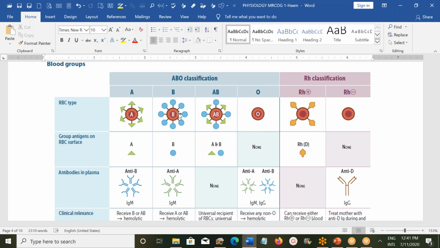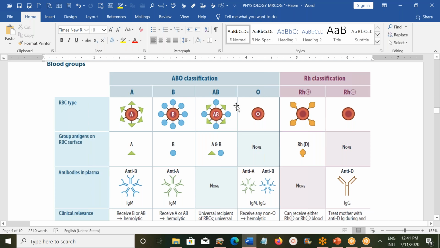Group A individuals can be AA, two A's, or AO, which means that person will have blood group A positive or negative. Similarly, group B individuals can be BB or BO. These are the possible blood groups.